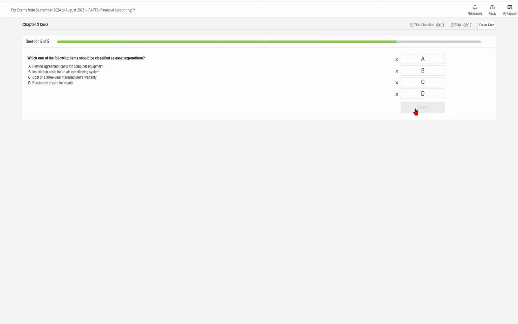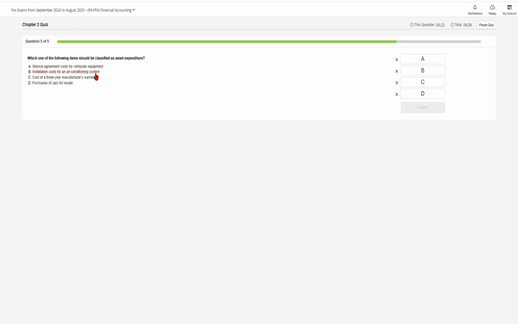Which of the following items should be classified as asset expenditure? Again, asset expenditure means non-current asset, a long-term one. Service agreement cost for the computer equipment. Basically, it's again an expense, not an asset, because we are going to use it for less than 12 months. Installation cost of air conditioning system.